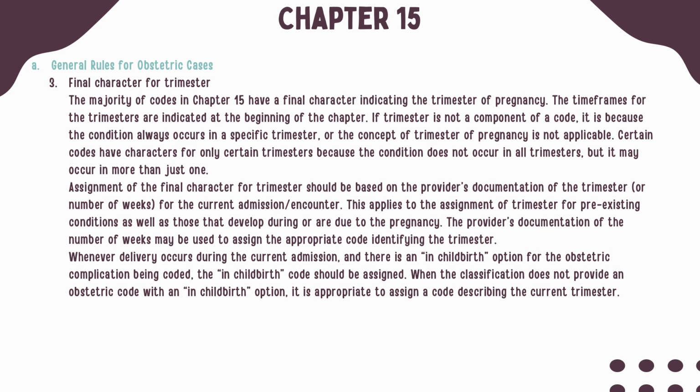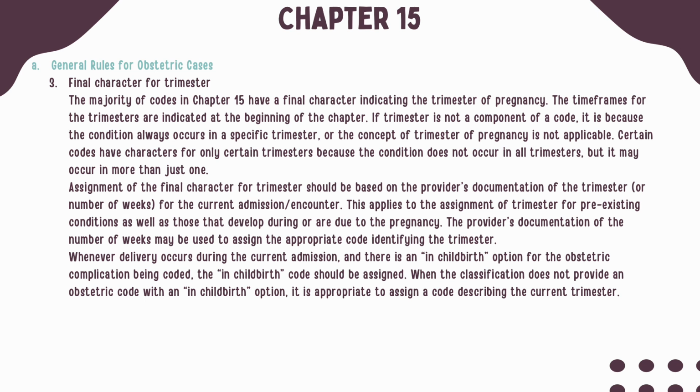Lots of codes in Chapter 15 will require a final character to indicate the trimester of pregnancy. If you aren't familiar with the time frames for trimesters, they are as follows. The first trimester is anything less than 14 completed weeks. The second trimester is 14 weeks and 0 days to 27 completed weeks. And the third trimester is 28 weeks until delivery.